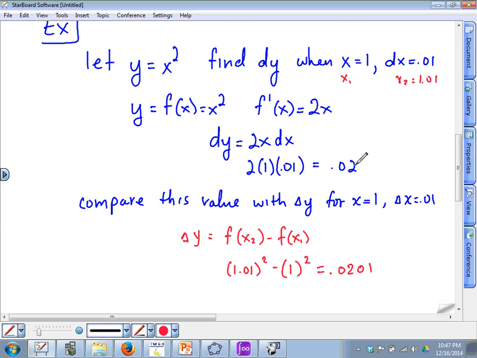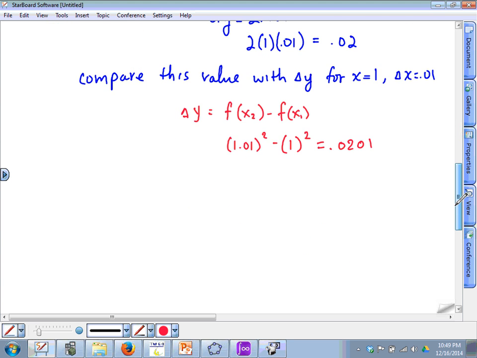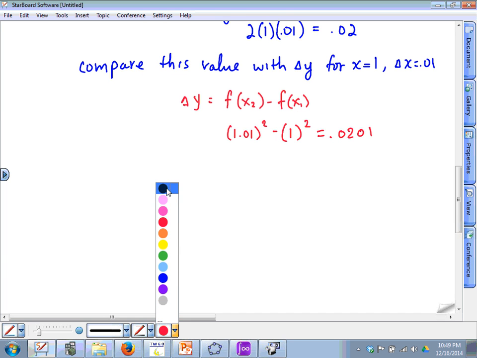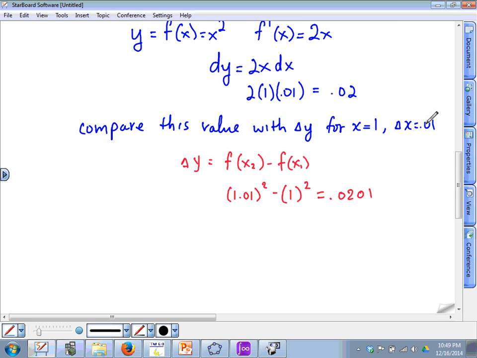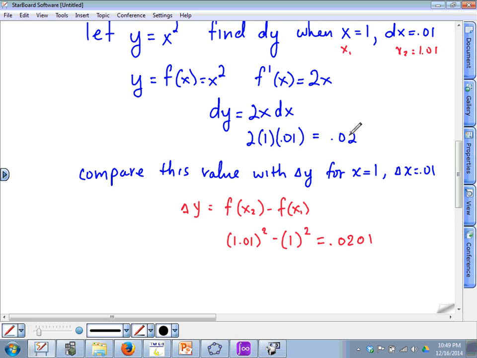So you can see the dy, the approximate 0.02, is pretty close to the actual change in y, 0.0201. Now you notice that there is, I mean, they're not exactly the same. There's a slight difference, 0.02 and 0.0201.